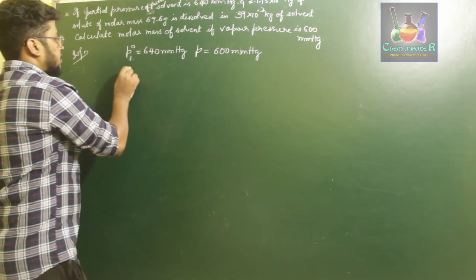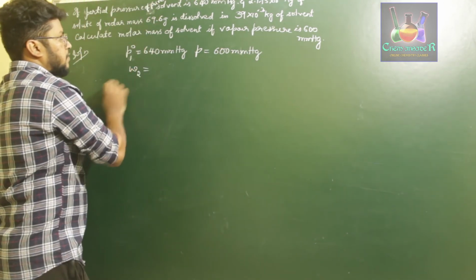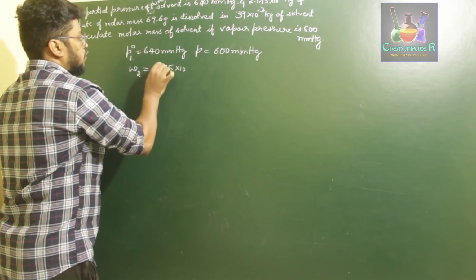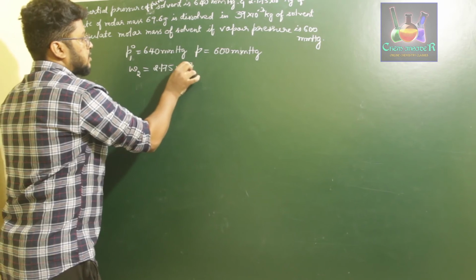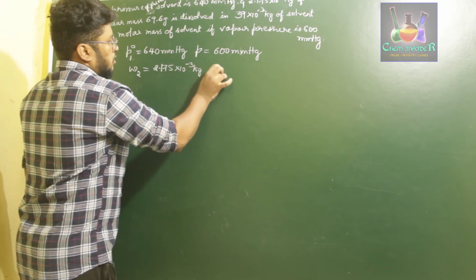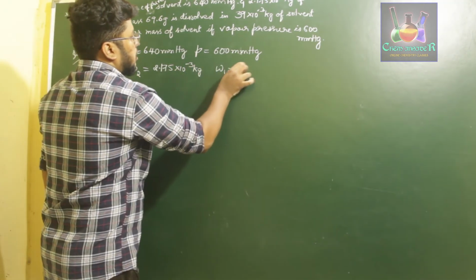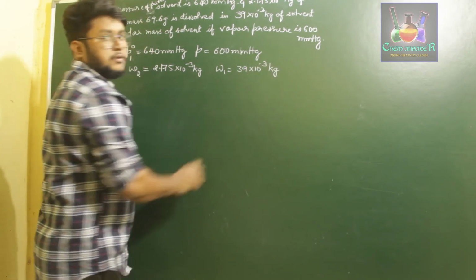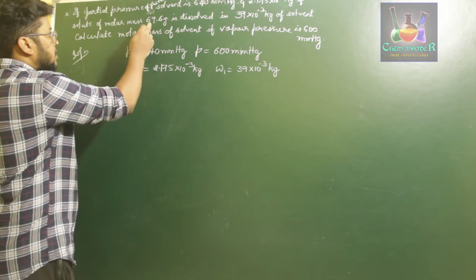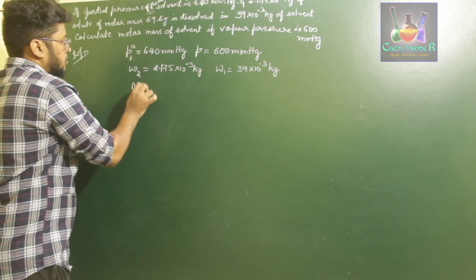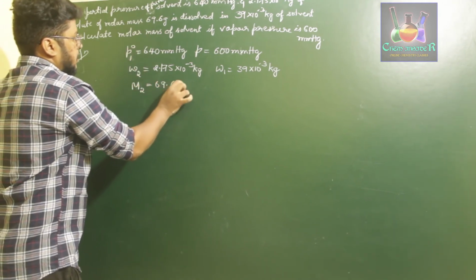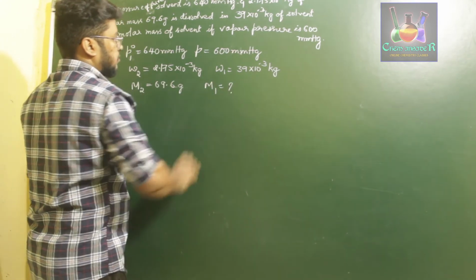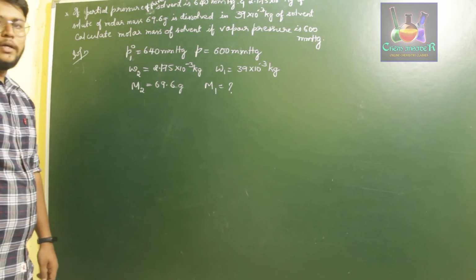Further, they have given us W2, the mass of solute, that is 2.175 into 10 power minus 3 kg, and W1, which is 39 into 10 power minus 3 kg. They have given us M2, that is 69.6 grams, and they have asked us to calculate M1.